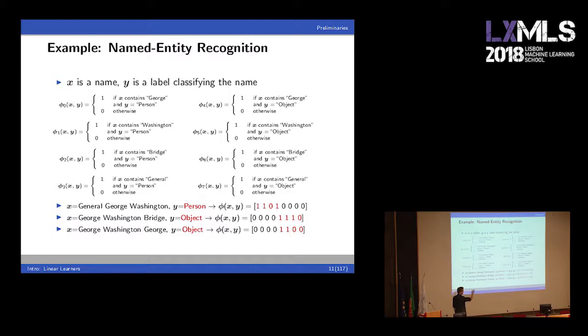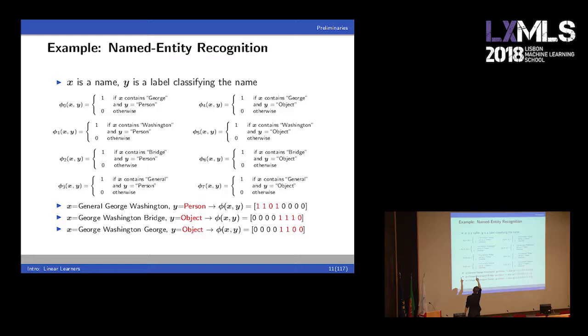You will see this construction later on, it's called the Kessler construction. What you do is you build a multiclass classification problem into your feature vector by reserving parts of your feature vector for all the classes that you want to classify.